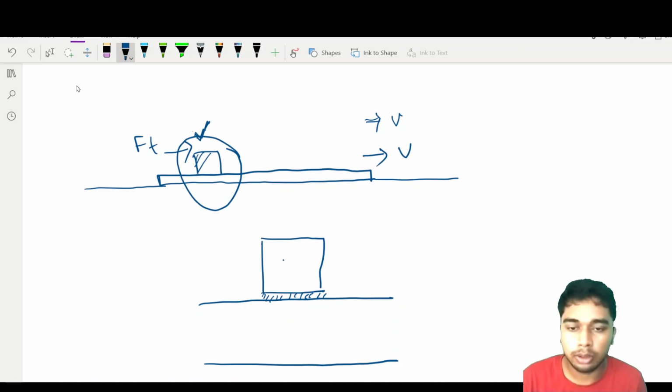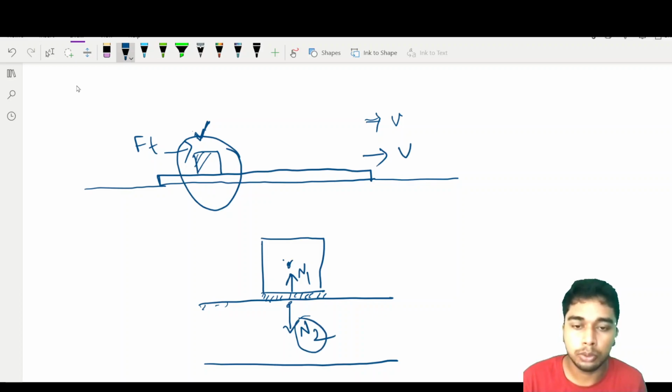So in this contact region, for the box, there will be normal reaction N1. In the same way, for the plank case, there will be a normal reaction N2.